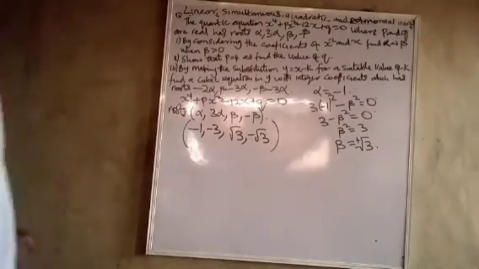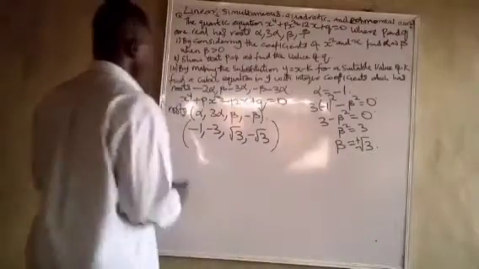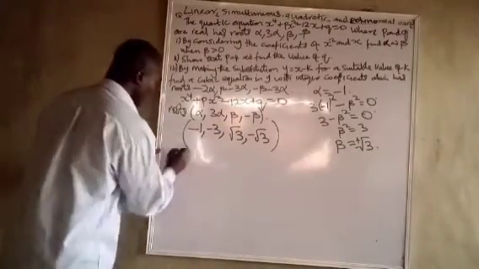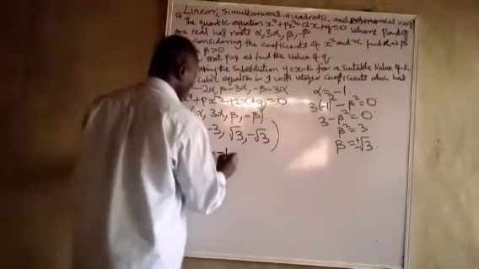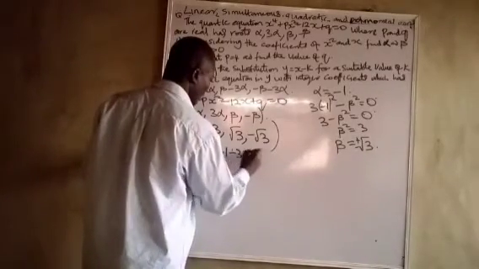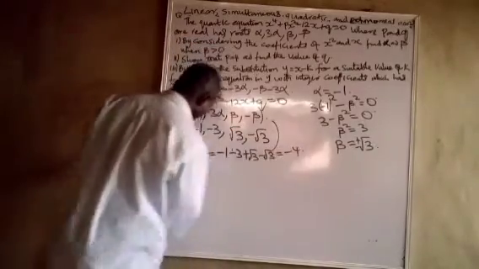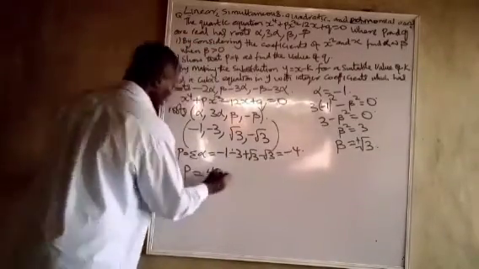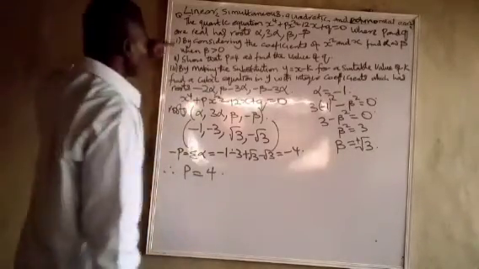Now let's look at the second part. It says show that p equals 4 and find the value of q. We know that minus p is the sum of the roots, which is equal to minus 1 minus 3 plus root 3 minus root 3, which is equal to minus 4. Therefore, p is equal to 4. We are now asked to find the value of q.